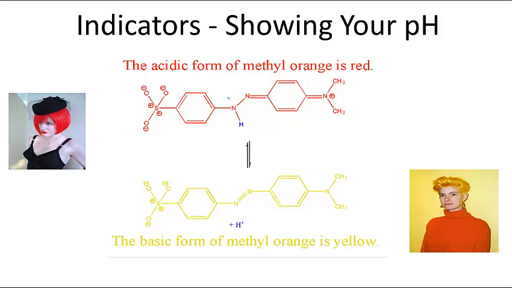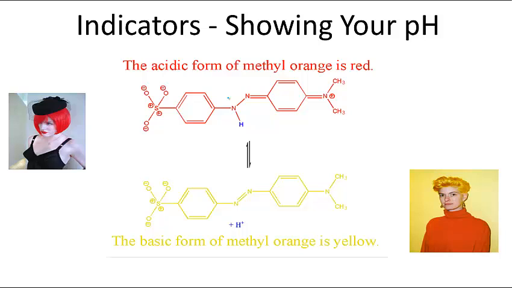So here's the structure of methyl orange. With the hydrogen on here, it's red. Lots of indicators have structures like this with lots of delocalized pi bonding. You remember us talking about delocalized pi bonding in the beginning of the year. Delocalized pi bonding a lot of times allows compounds to absorb visible light, so they have a color.